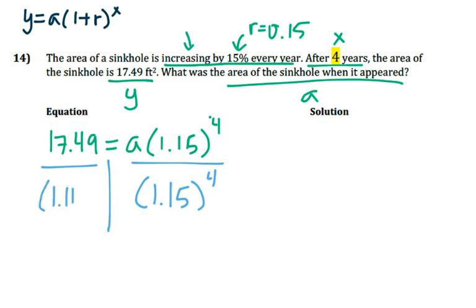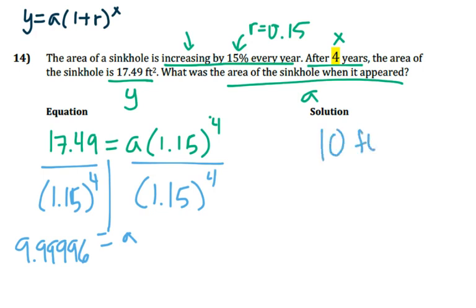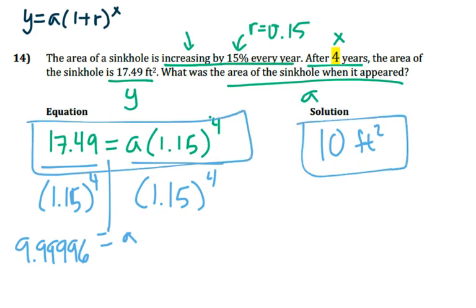When we divide by this, we end up with A being equal to 9.99996, and so on. It continues here, okay? So to write our solution, we're going to round to the nearest whole. So we're going to say it is 10 feet squared initially. So our solution, our equation.